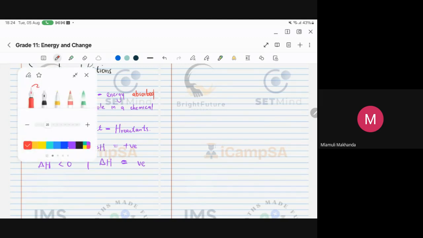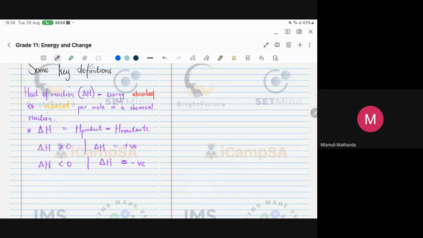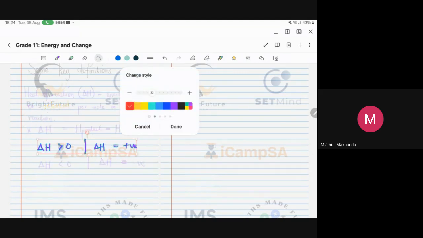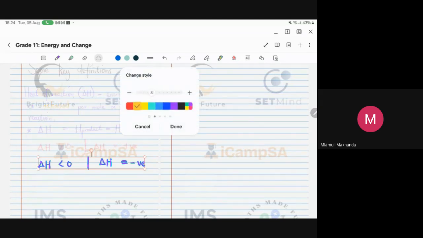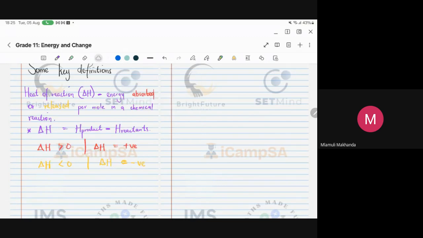In essence, that's what this definition entails. Here we are absorbing, and if energy is released in that chemical reaction, then delta H will be negative because we are losing energy. That is usually what happens.